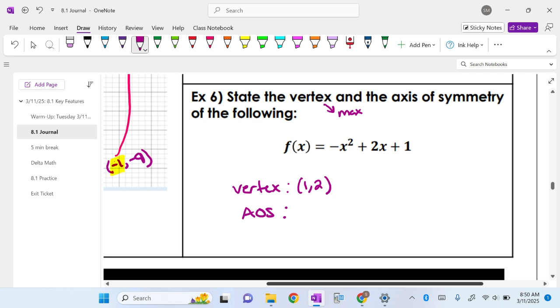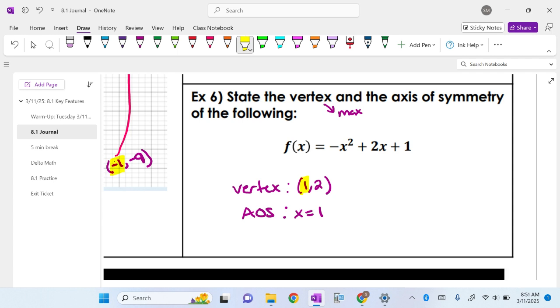What is the axis of symmetry then if that's the vertex? What's the x value of the vertex? 1. So the axis of symmetry in this case is x equals 1. So again, if you know the vertex, you got the axis of symmetry because it's the x value of the point.